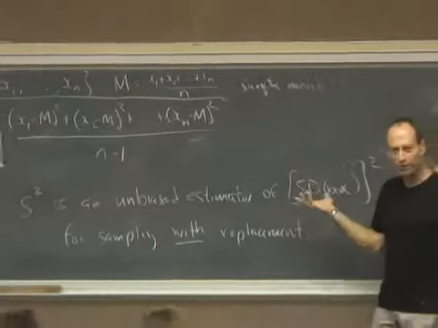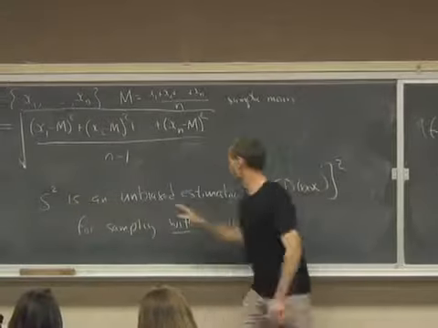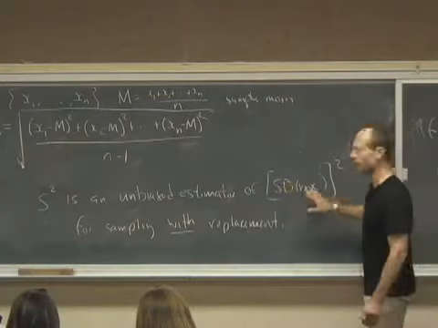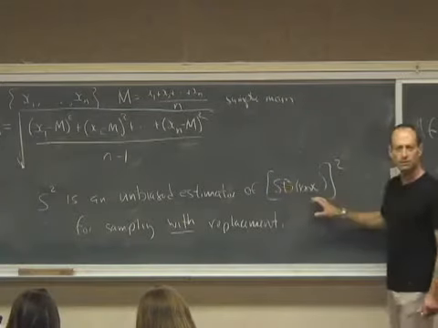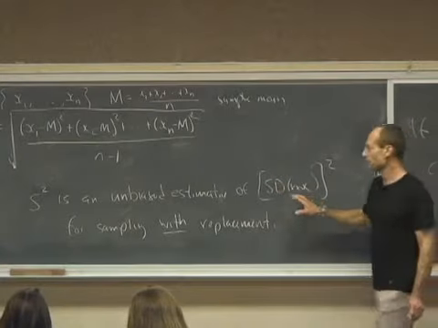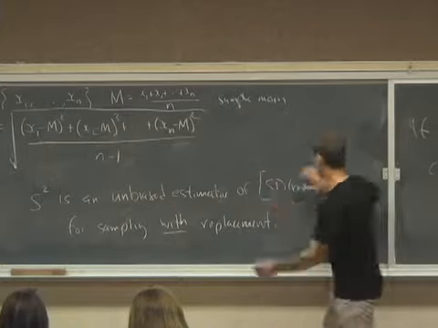Why should this matter? Okay, so first of all, S squared is unbiased for the SD of the box squared. Does that mean that S is unbiased for SD of the box? If S squared is an unbiased estimator of this, is S an unbiased estimator of that?